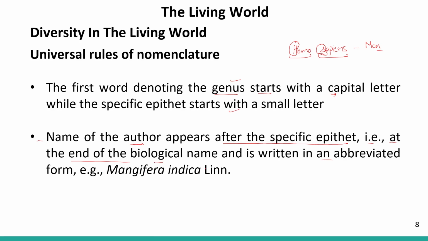And then L. is the author name, Carolus Linnaeus. So Linnaeus first described this species, mango. So the author name is written after the specific epithet, and that too in abbreviated form.